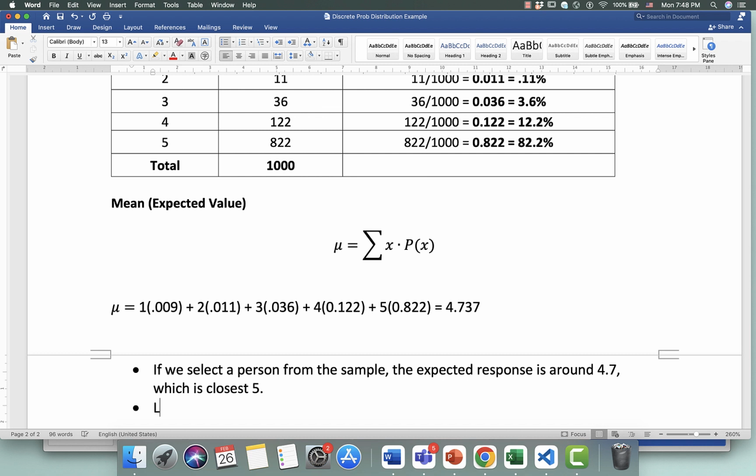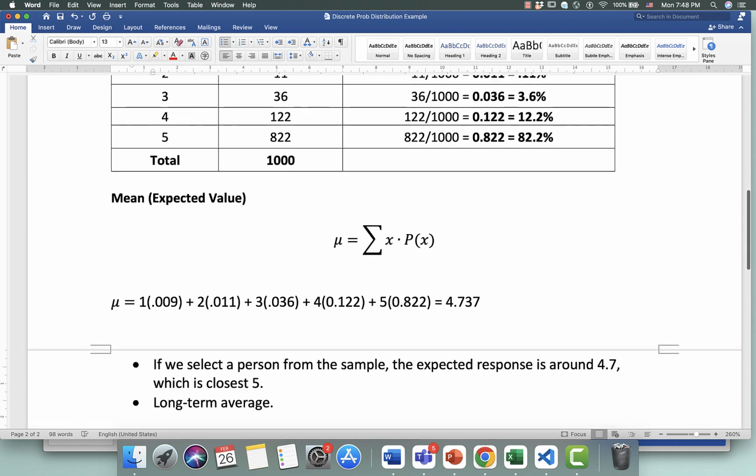The next interpretation is the long-term average. So let's talk about this. Now we're saying if we pick somebody and we find out that they selected 4, and we pick another person and we find that they selected 5, and we pick another person and they selected 3, and we select another person and they selected, let's say, 2.